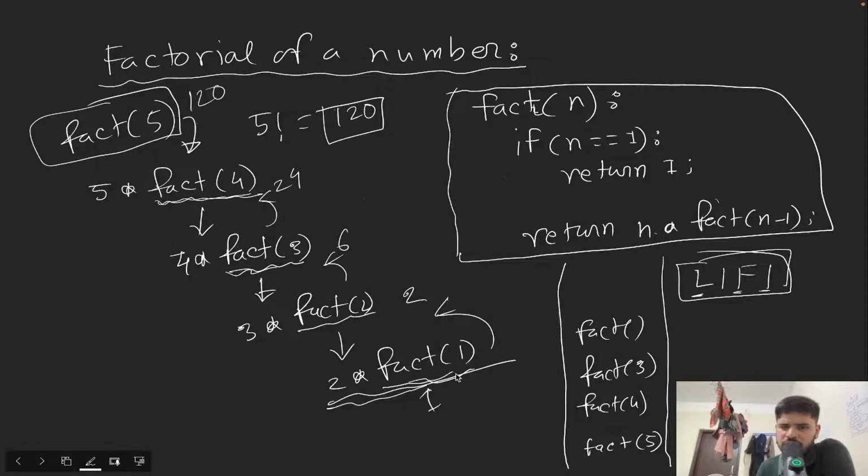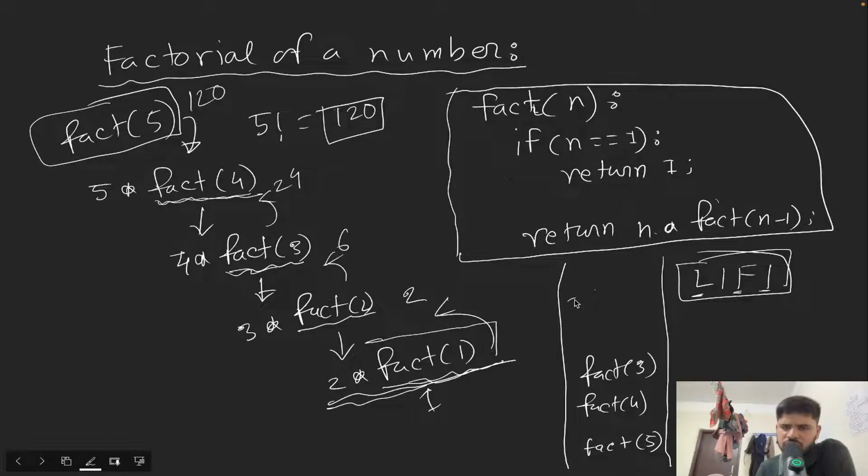Then when you call fact 1, this function is placed on the stack, it satisfies the base case, so it will return 1.